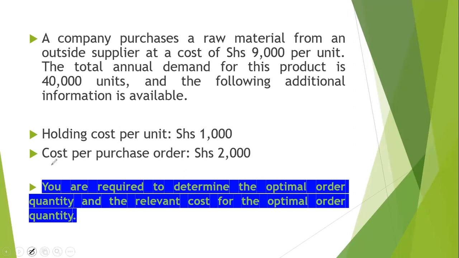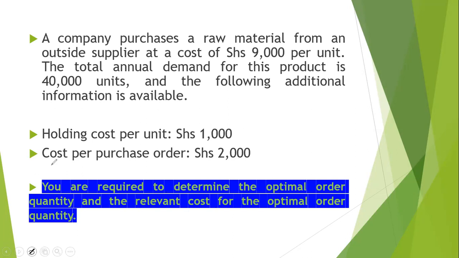So we have been told that a company purchases a raw material from an outside supplier at a cost of shillings 9,000 per unit. The total annual demand for this product is 40,000 units, and the following additional information is available.